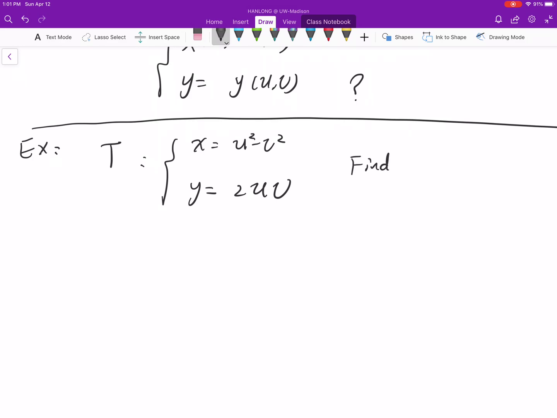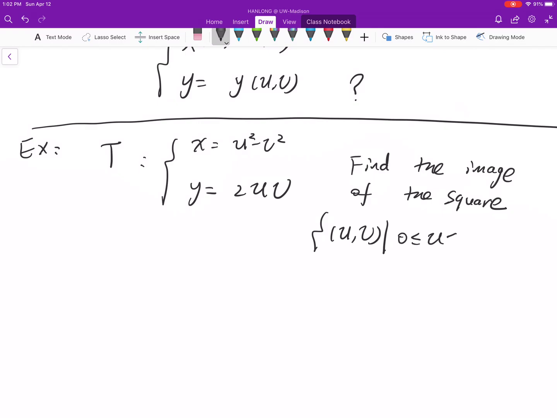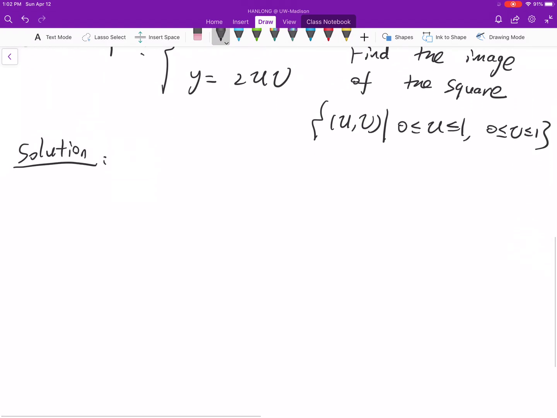The question is, find the image of the square: u is between 0 and 1, v is between 0 and 1. The solution is pretty straightforward. To determine the image of the domain, we only need to determine the image of the boundary.